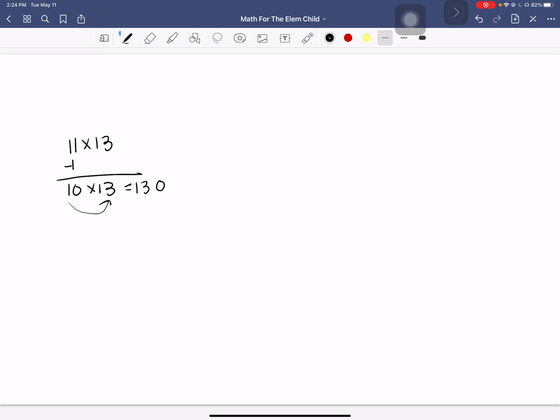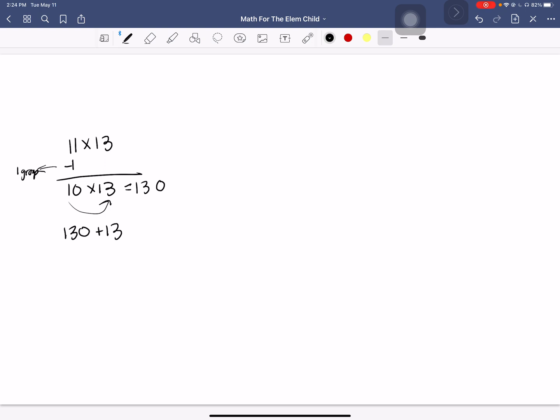So 130, easy. And then we bring that 130 down. Now we have 130 plus 13. Why? Because we took away one set of 13, or one group of 13.